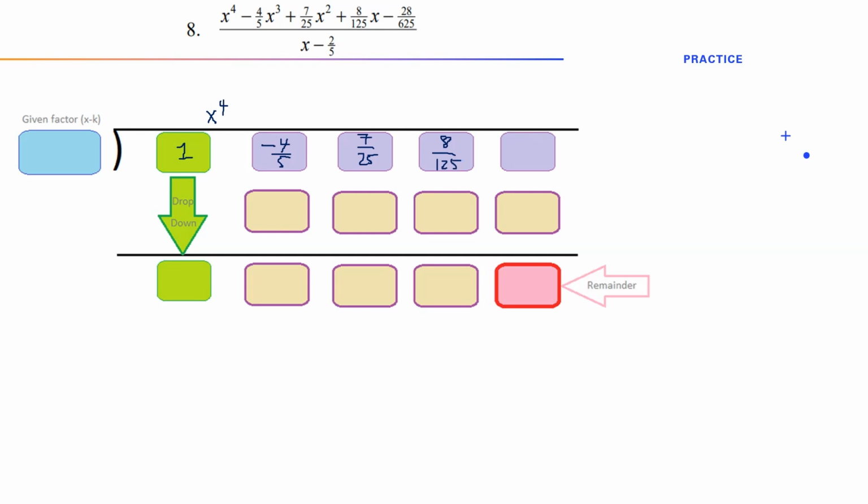And the number -20/625. Now we find the k, the 0, right? So x - 2/5 equals 0. x equals 2/5. We're adding 2/5 to both sides. So that's how we got it. So 2/5.